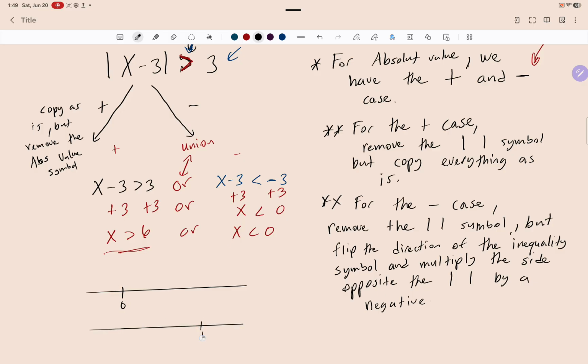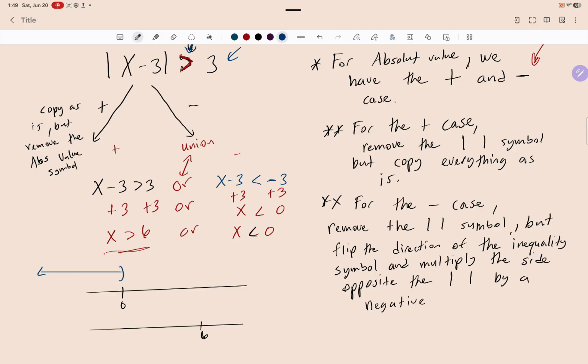So I'm going to list 0 and 6. And for x is less than 0, recall I want all the x's less than 0 but not 0. So looking at 0 here, numbers to the left are smaller than 0, and I want x is less than 0, so I'm going to go this way.